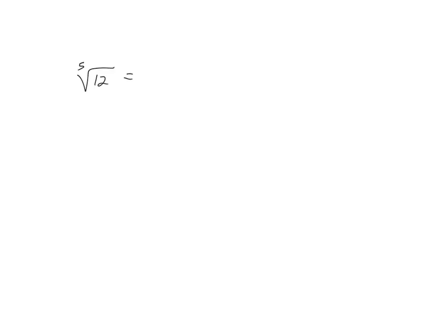Okay, so if we had the fifth root of 12, that's 12 to the 1/5 power. Some of them you'll just have to convert, from a radical to a fraction, a rational exponent like that. Some you'll go the other way. Okay, the denominator is the root.